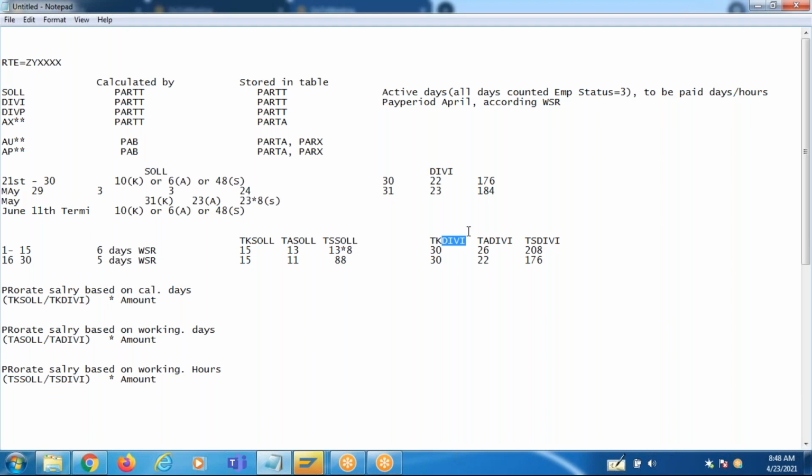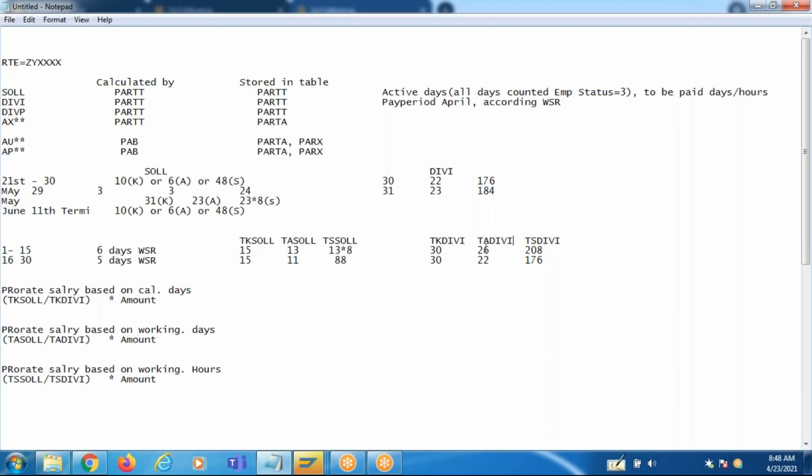Take that pay period. In that period, according to the work schedule rule of the employee, how many working days, working hours, and calendar days are there? Because that is what we use in the denominator as a divisor in the calculation of a daily rate or hourly rate: calendar day value, working day value, or hourly value.